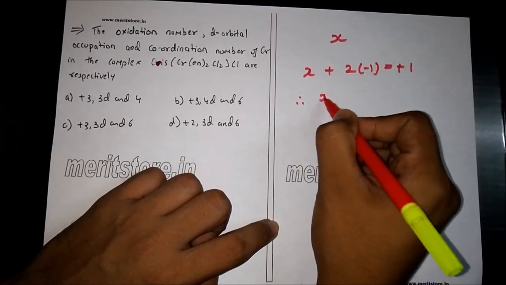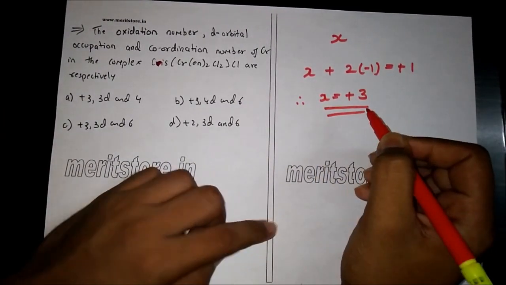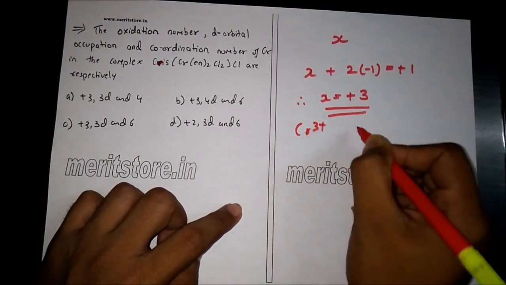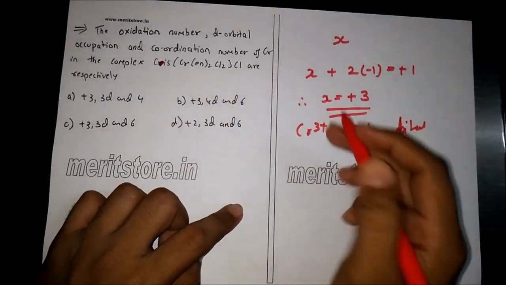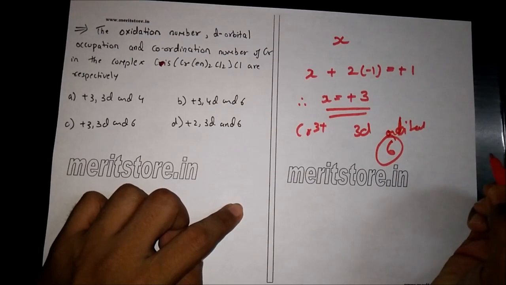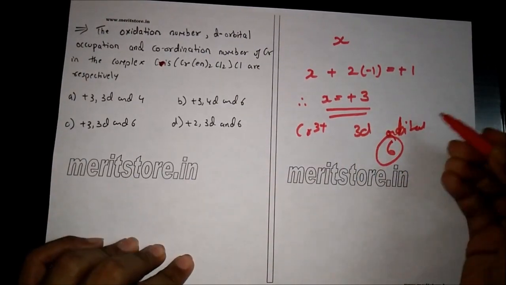Therefore, X is equal to +3. Now, Cr3+ occupies 3d orbitals in this complex, and it has a coordination number of 6. Therefore, the correct answer is +3, 3d, and 6, which is option C.